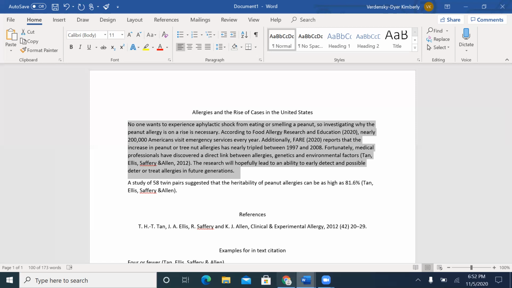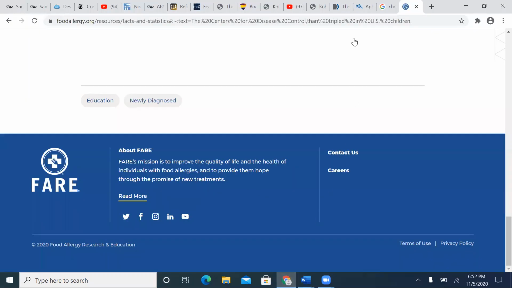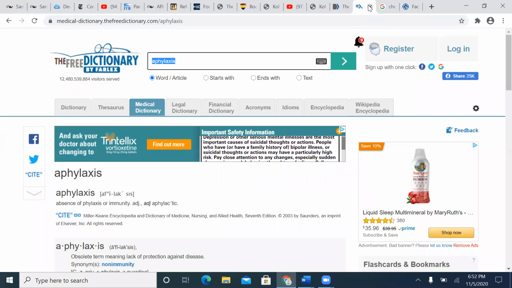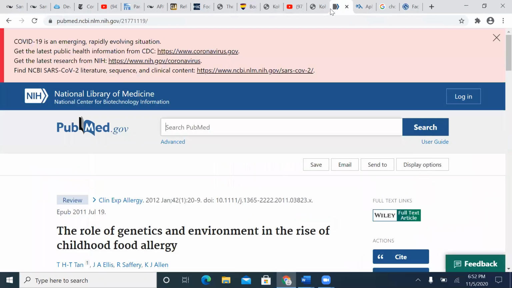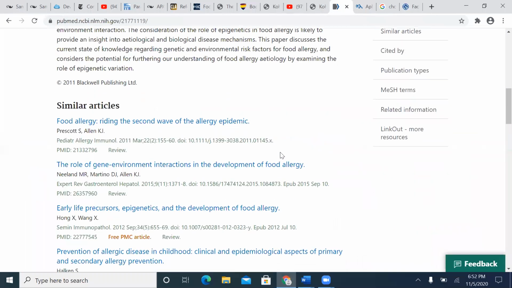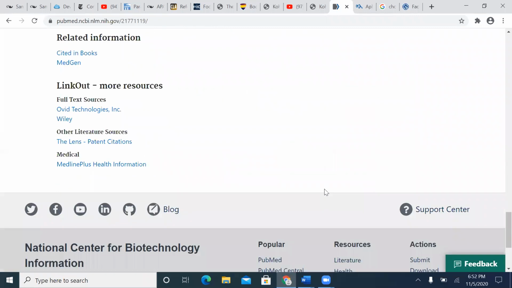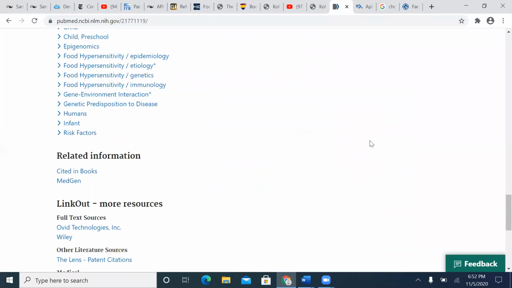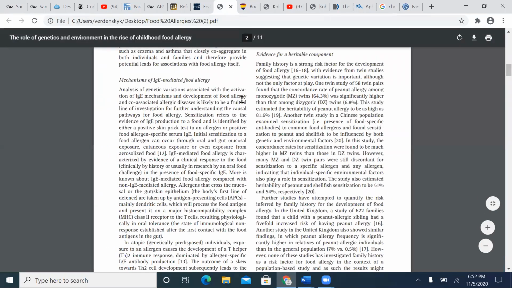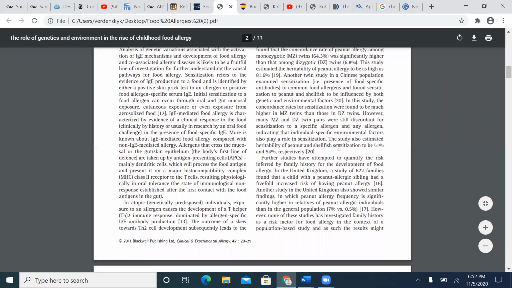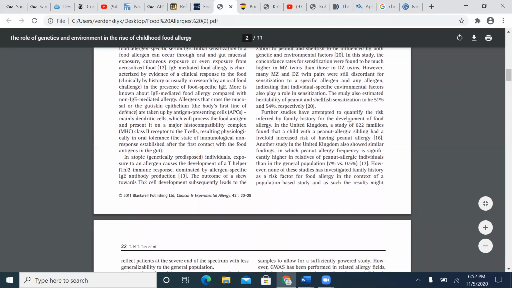So I'm going to go back to that original medical text, and let's see, which one of my tabs is it? Here we go. Oops, wrong one. Okay, so we had started here where evidence for heritable component, and we had read about the twins, and we've attempted to quantify the risk.